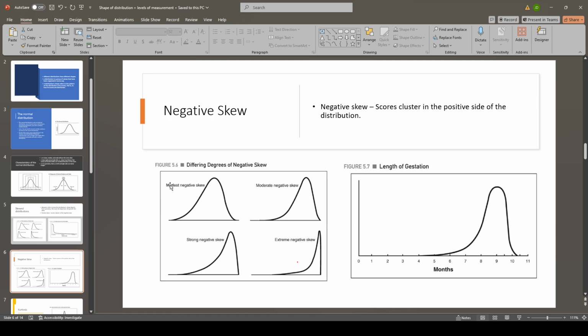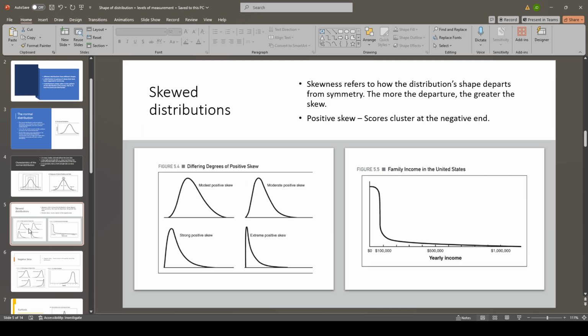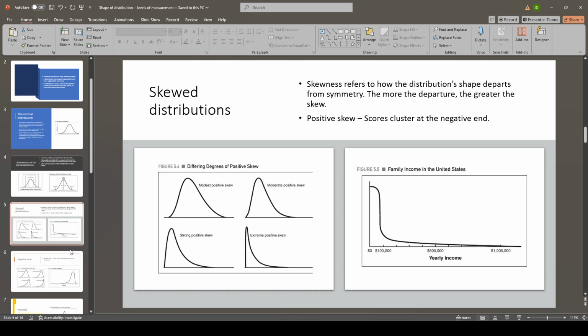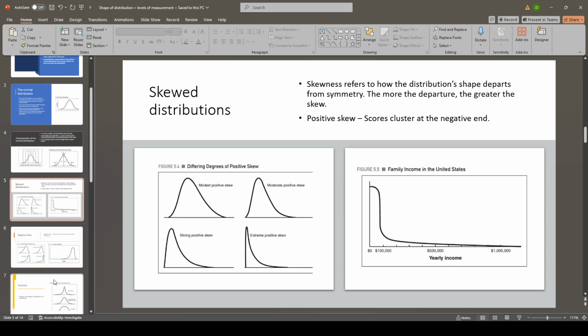So the tail kind of hangs out towards the negative end here. Scores cluster at the positive end for a negative skew, but the tail is on the negative end. So negative skew, negative tail; positive skew, positive tail.